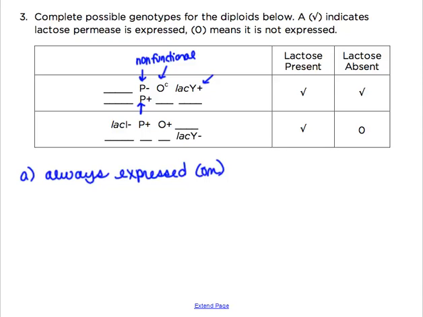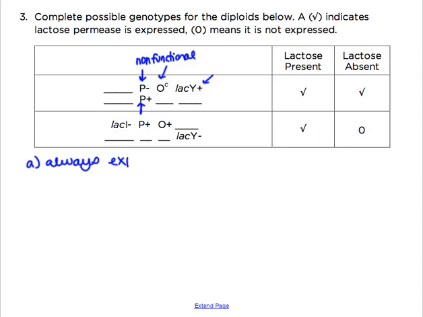So let me draw our blanks here. Well, I'll draw them in red actually. Okay, so because the first copy has a non-functional promoter, that means that even though you have a wild-type copy of LacY, that really doesn't matter because it will never be expressed.